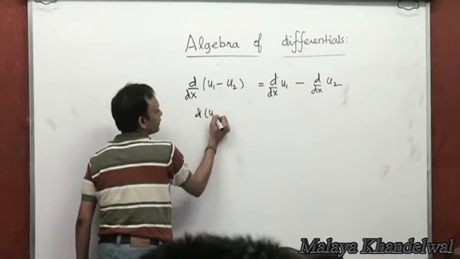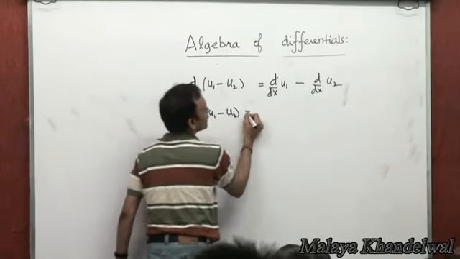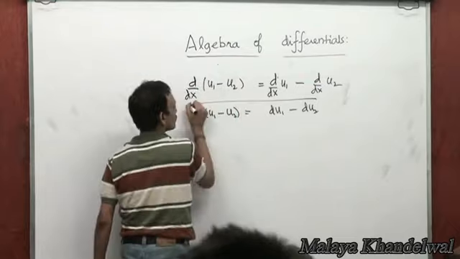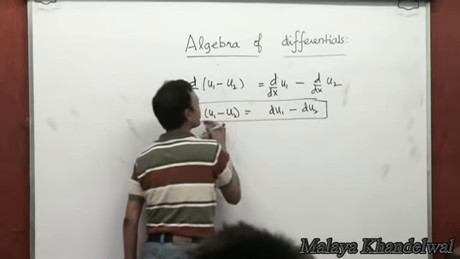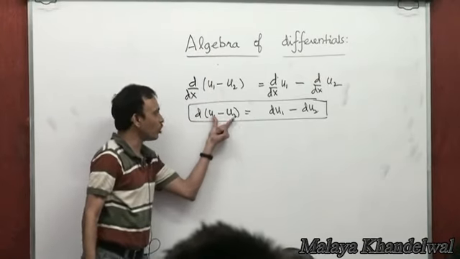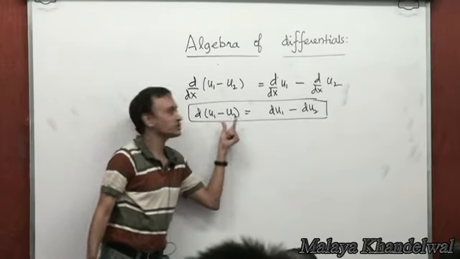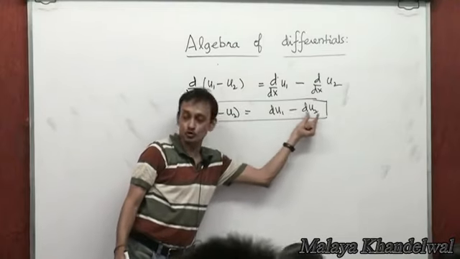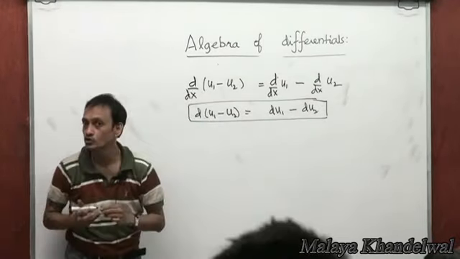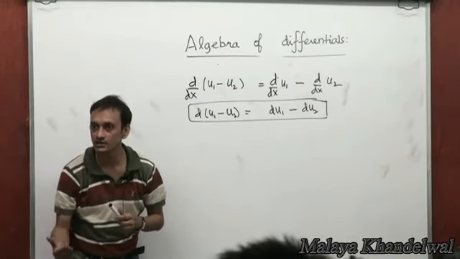Therefore, d of u1 minus u2 would be d of u1 minus d of u2. Differential of the difference would be difference of the differentials. This is differential of a difference of two functions. That's difference of two differentials. That's rule number 2. Are you all okay with this?